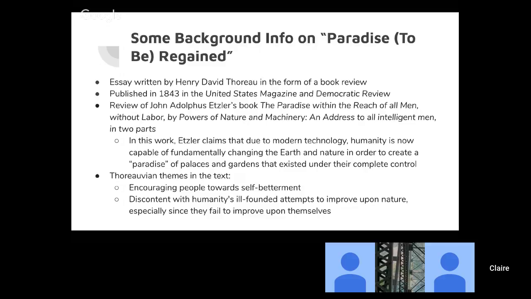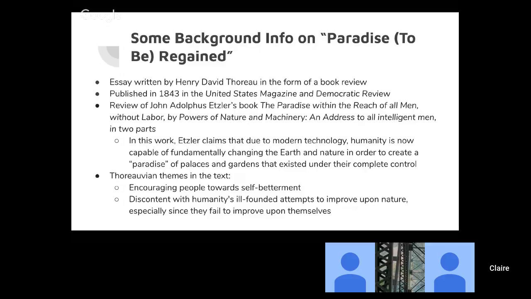These are some of the Thoreauvian themes in the text, and he also has this discontent with humanity's ill-founded attempts to improve upon nature, especially since they fail to improve upon themselves. Also, it's just interesting too. When Etzler is going through technology, Lizzie gave an example of the satellite, but he also, in a way, predicts future technologies like solar panels and wind power.